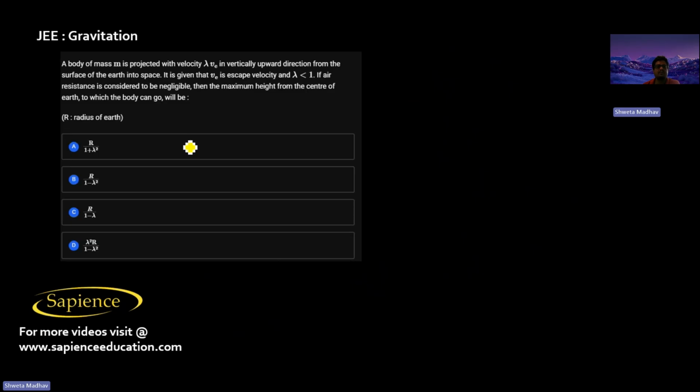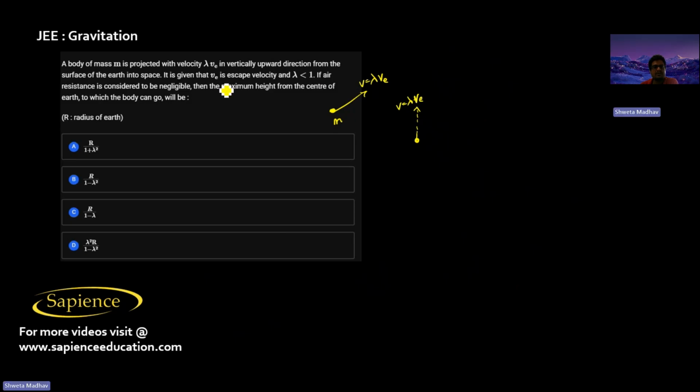And it is told a body of mass m is projected with a velocity lambda v in the vertically upward direction from the surface of the Earth into space.